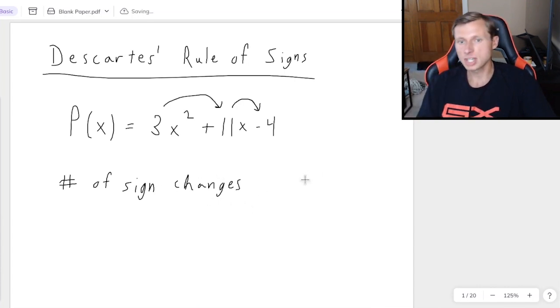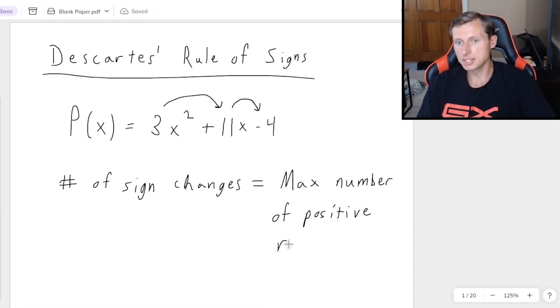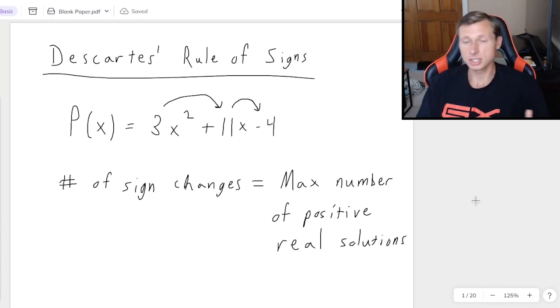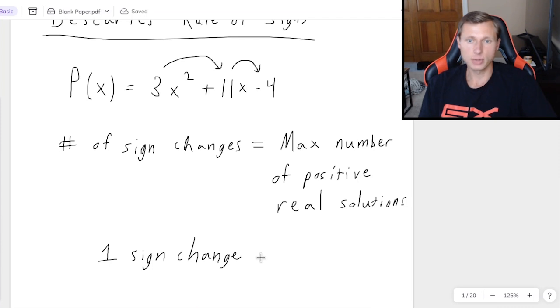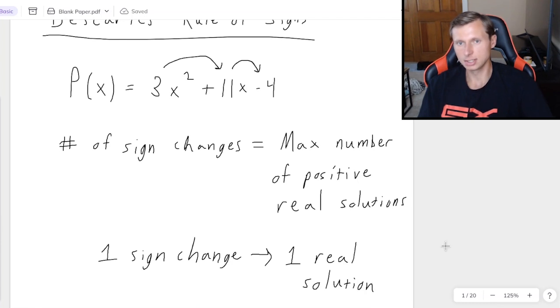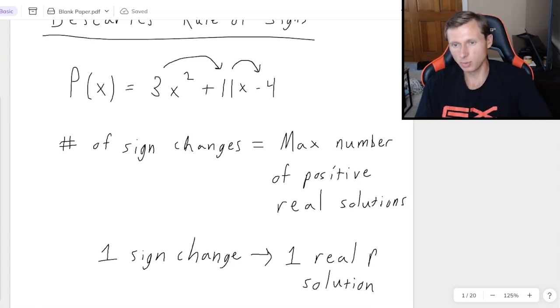And so the number of sign changes you have is equal to the maximum number of positive real solutions. So in other words, in this example I just made up, there is 1 sign change, and so that means there is going to be exactly 1 real solution to this function. Excuse me, 1 real positive solution.